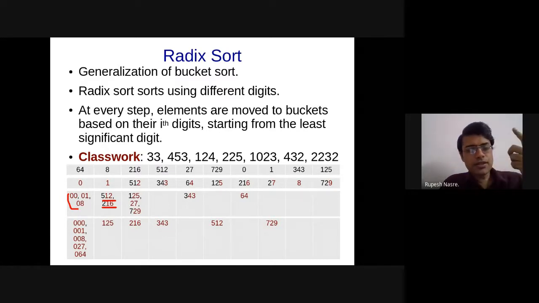The reason why that is not possible is that the importance should be given to the final decision-making entity, which should be the most significant digit, right? And therefore, that decision should happen in the end. If it happens first itself, then the element will move across based on the units place.